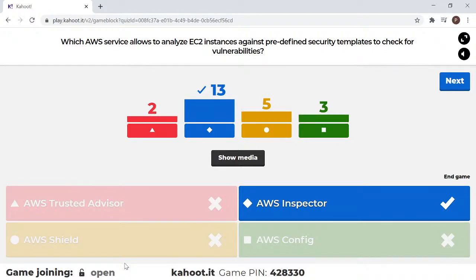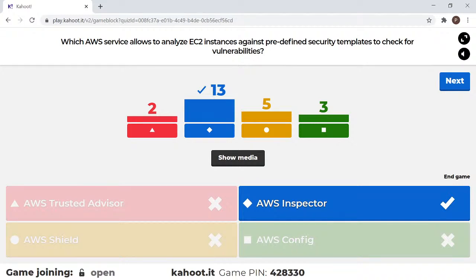Yes, most of you again got it right. AWS Inspector is the right answer. AWS Trusted Advisor is the online tool that provides you real-time guidance to help you provision resources following AWS best practices. There are five different areas on which it gives you the advice.